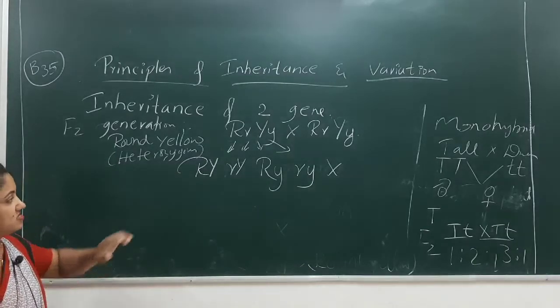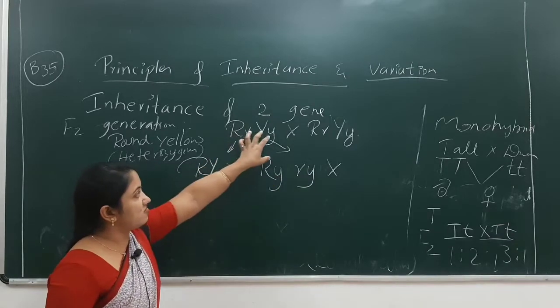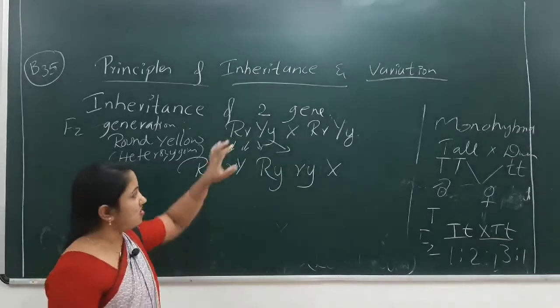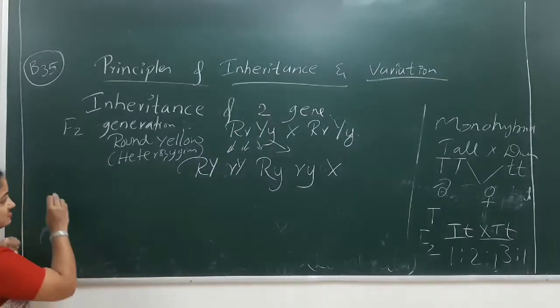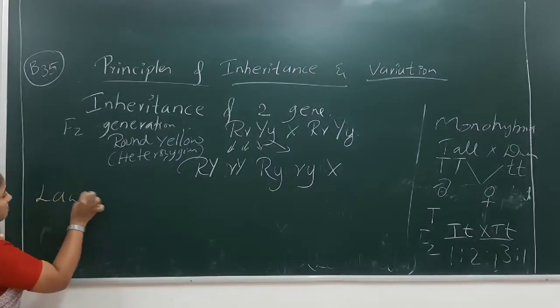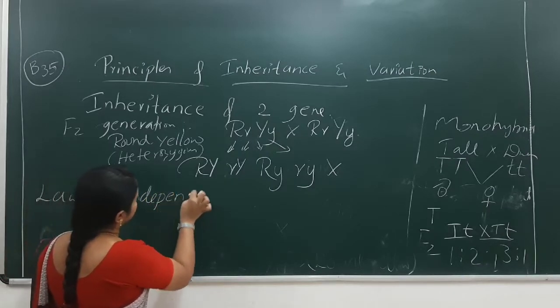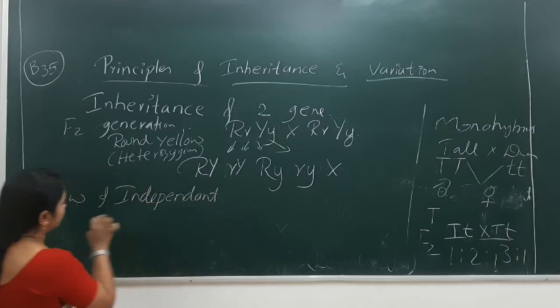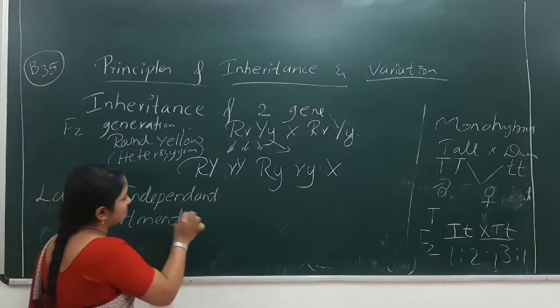Okay. Likewise, all the gametes carry one character from each of the parents. So, that indicates the law of independent assortment. What does the law state?